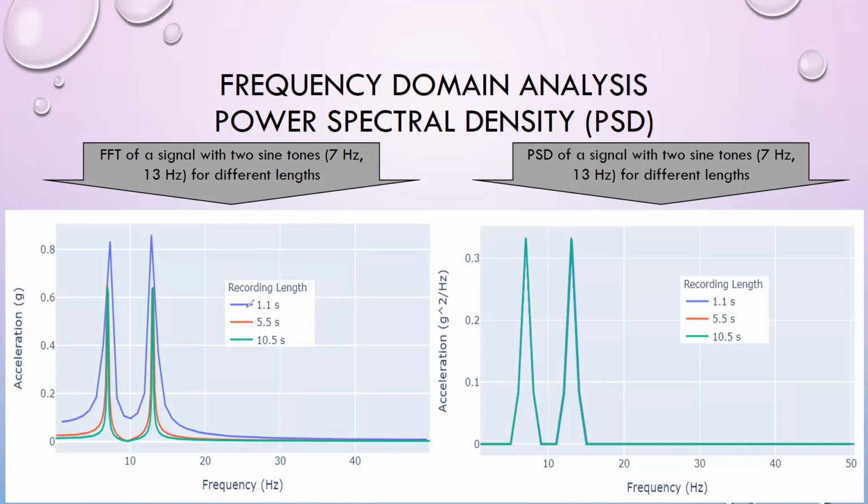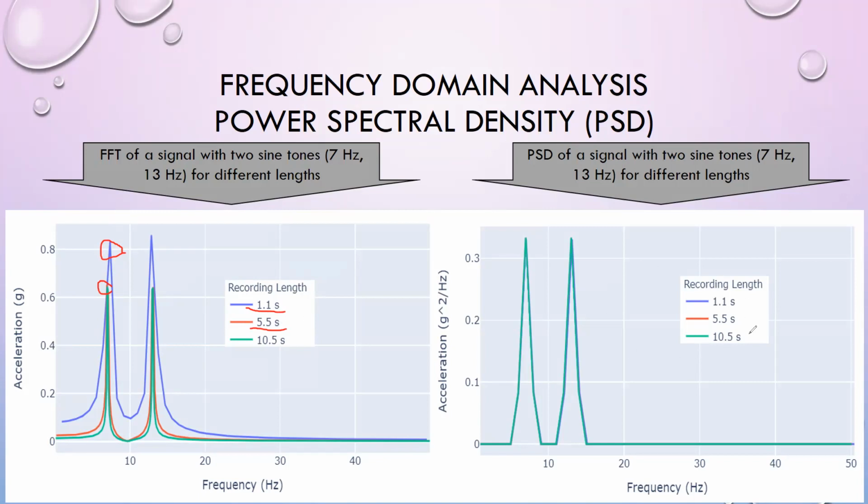Here you can see the blue line is the signal with the length 1.1. The red one is for the signal with the length 5.5. You can see that the amplitudes are changed, and even the position of the peak points are changed when you decrease or increase the length of the signal.